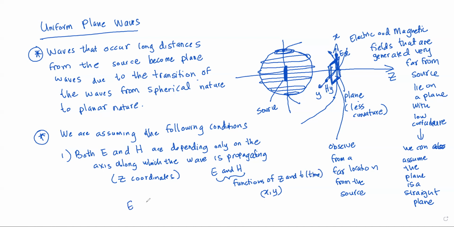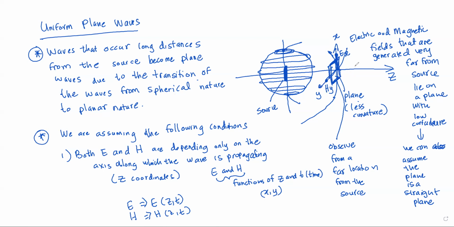So we can write E as a function of Z and T, and H as a function of Z and T. We need to keep this as our basic assumption once we are trying to analyze the wave which is formed at this location on the plane.